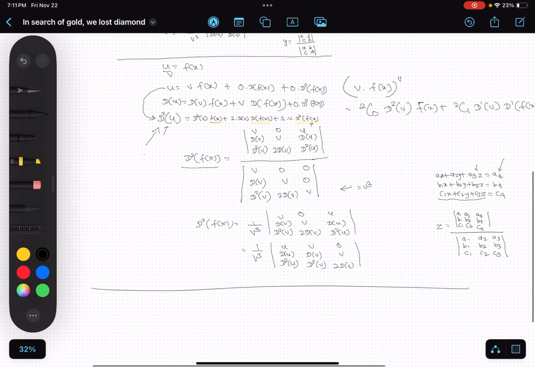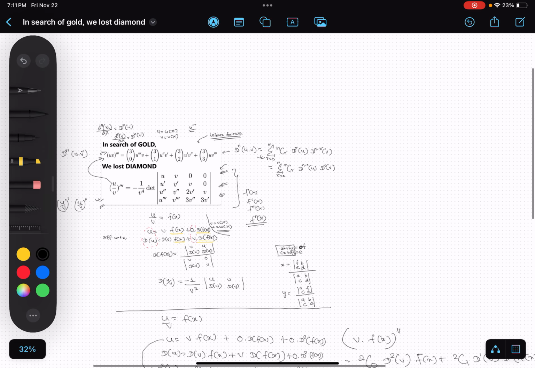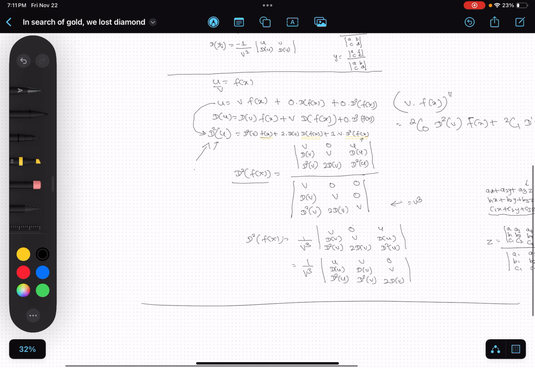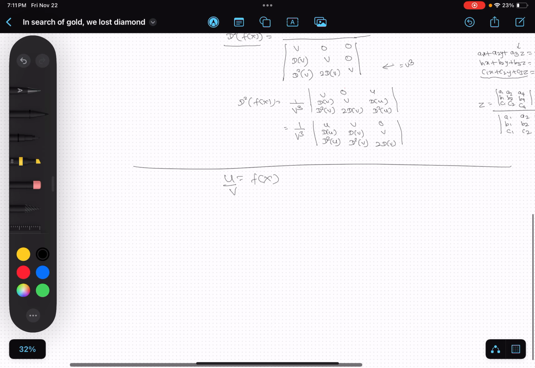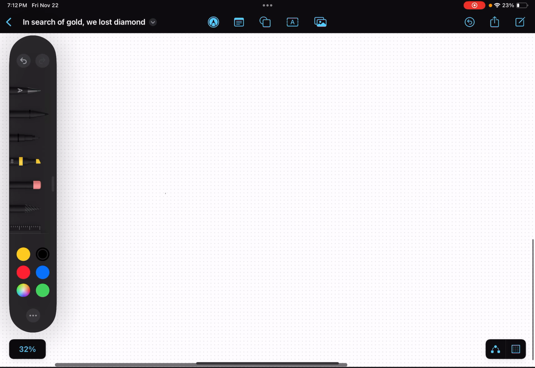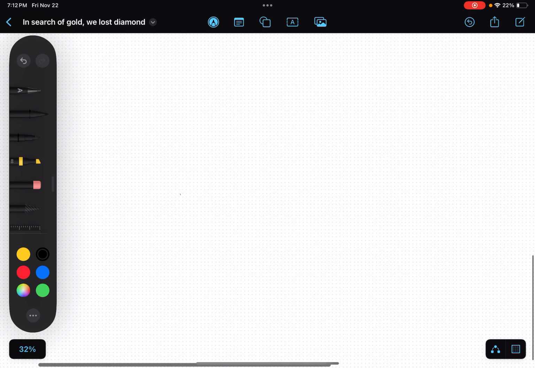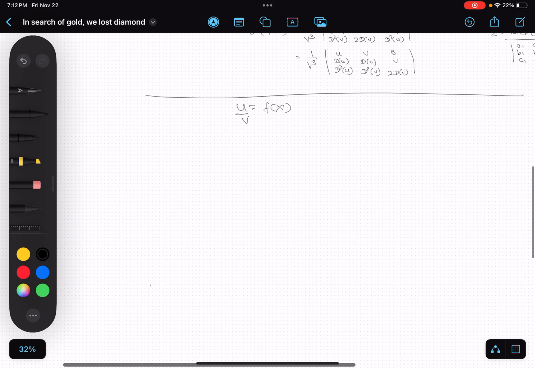And we'll also guess the expression for the fourth one. Now u is again u by b is f of x, right? So we know that u is just b f of x, where u and b both are functions of x.